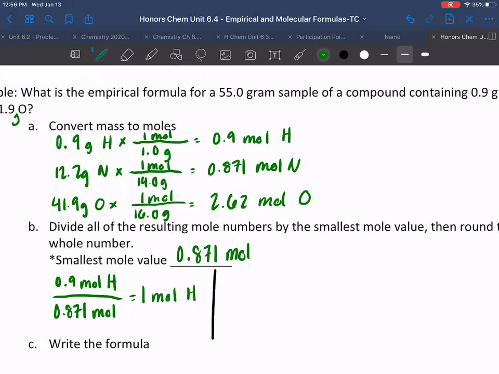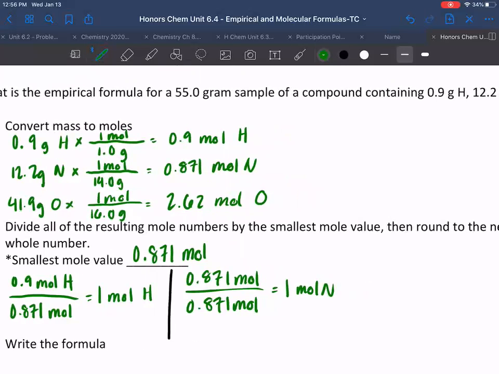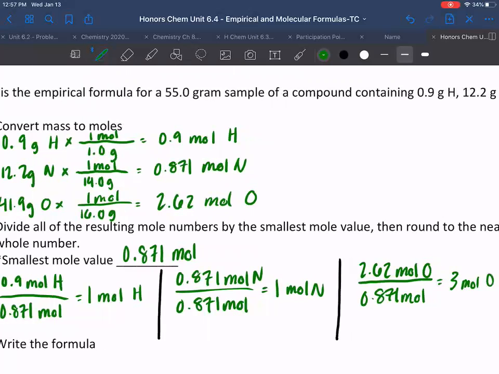Now we do nitrogen, which because nitrogen was the smallest, I'm still going to show the work, but that's also going to come out to be 1 mole of nitrogen. And then lastly, oxygen, 2.62 moles of oxygen divided by 0.871 moles. This is going to give us about 3 moles of oxygen.